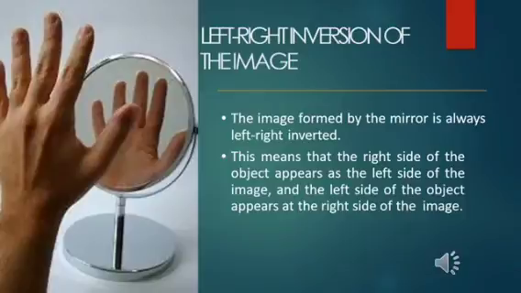So this is called lateral inversion. This is the characteristic of the image that is formed by a plane mirror. What are the characteristics of the image formed by a plane mirror? It is the same size as the object, and the image that is formed is always laterally inverted.